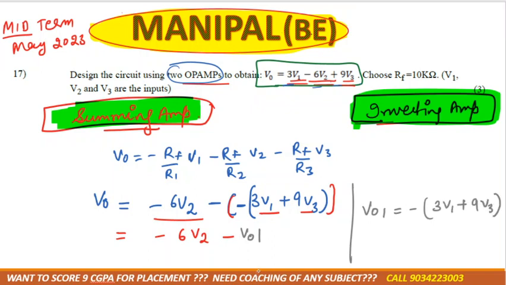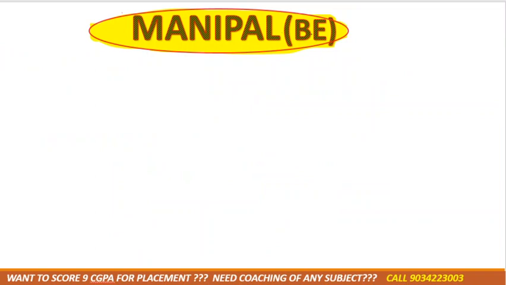Okay, so now if we see this equation, we have two op-amps, right? So now we have to realize V01 using an op-amp adder and V naught using another adder.